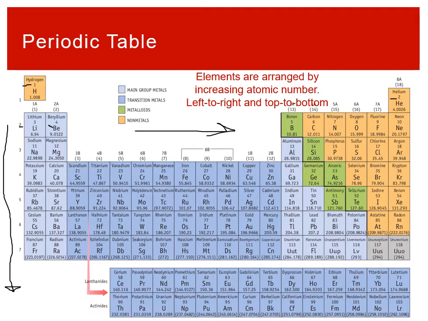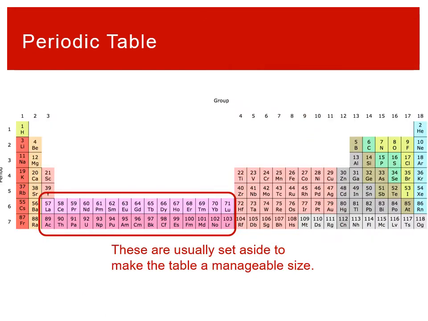It follows those repeating patterns of chemical and physical properties. When we look at the overall arrangement of all atoms, it would look something like this. You'll note that 57 to 71 is normally set aside on the bottom just to make the table a manageable size, but we really would have this overall representation of increasing, left to right and top to bottom, to get that full orientation of the atomic numbers.